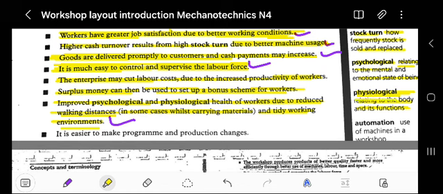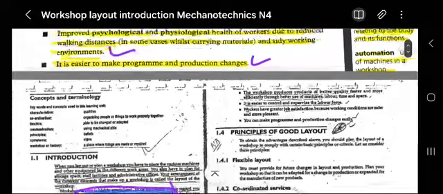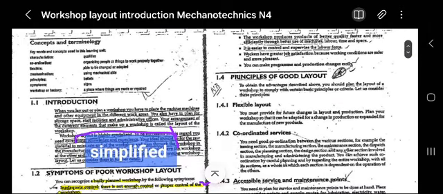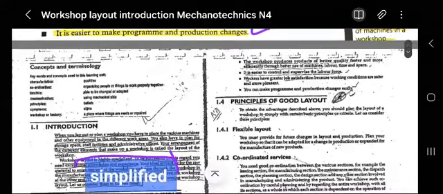You see, automation is the use of machines in the workshop. Note those notes. It's easy to make programs and produce changes. See, those are notes. These are points. These are nice points, guys. So yeah.